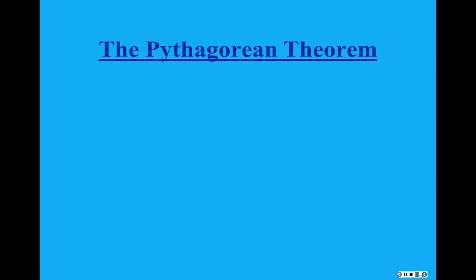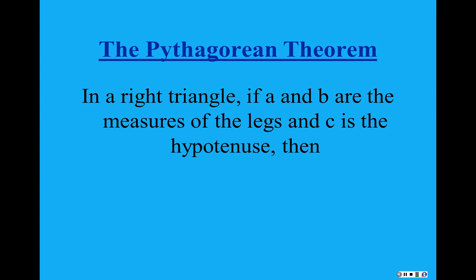No, it's not H. A squared. In a right triangle, if A and B are the measures of the legs and C is the hypotenuse, then A squared plus B squared equals C squared.